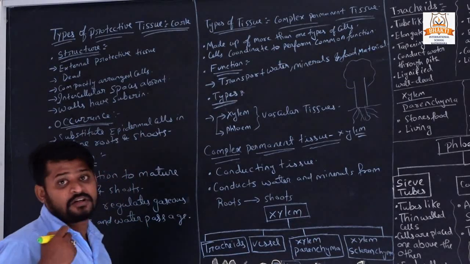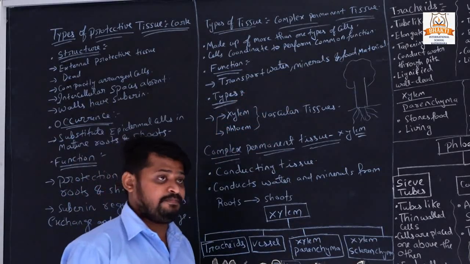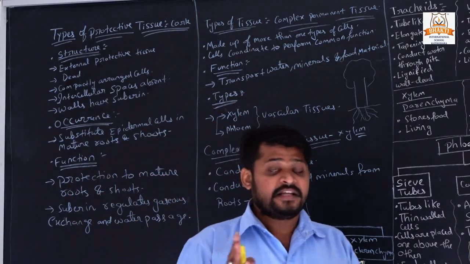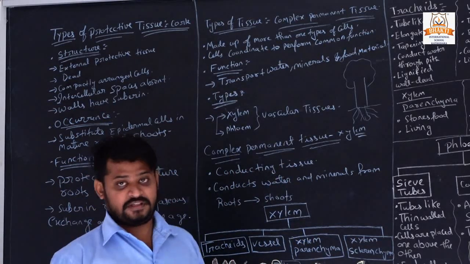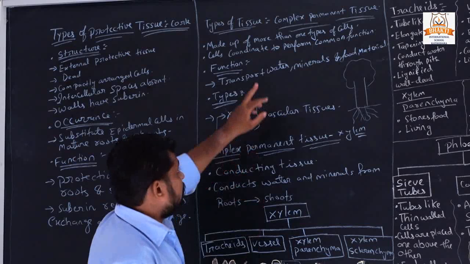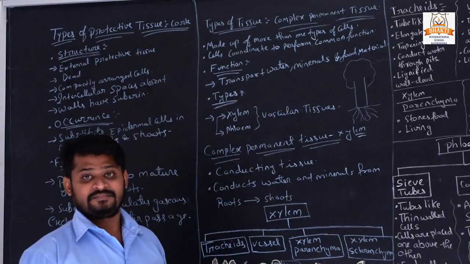Now why is it complex? It is made up of more than one type of cells. In simple tissue we studied that the tissue is made up of one type of cell. Here the tissue is made up of more than one type of cell.